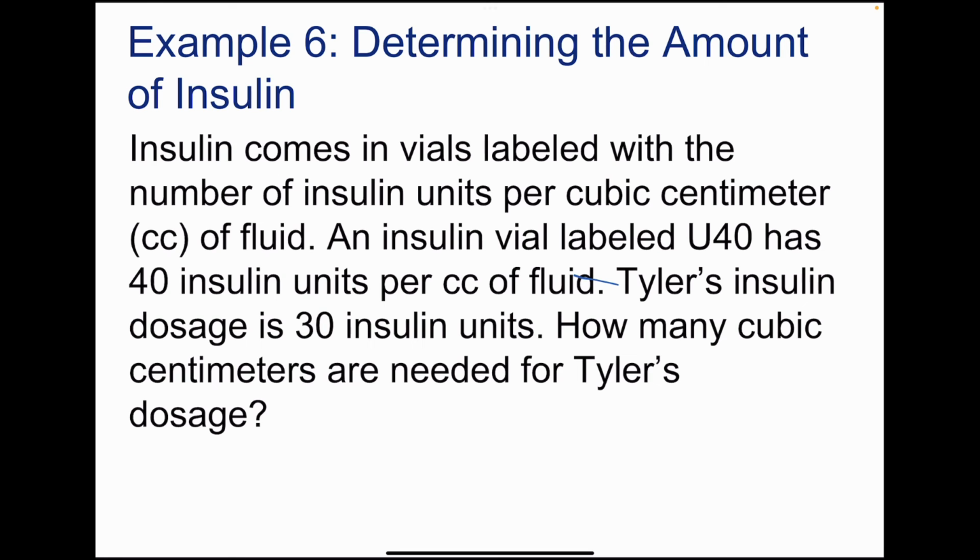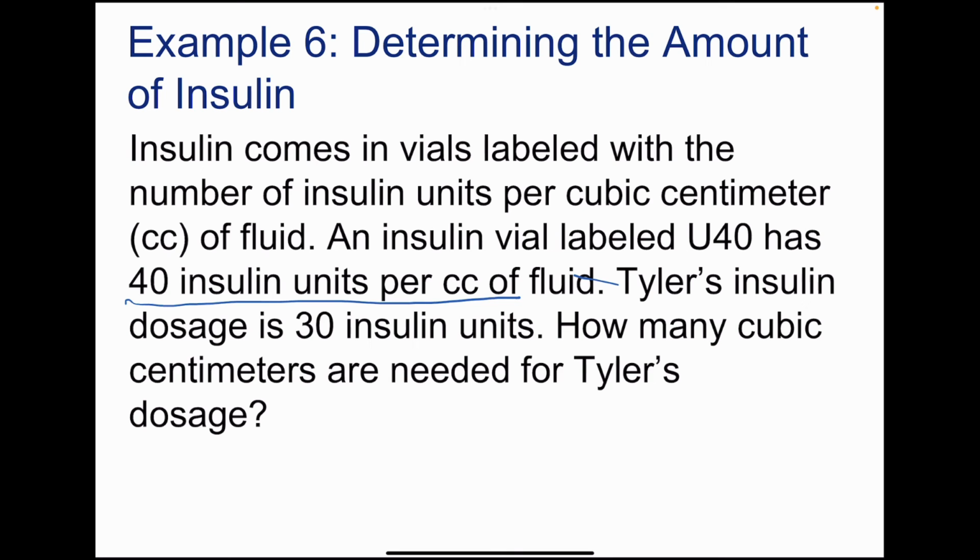Insulin comes in vials labeled with the number of insulin units per cubic centimeter, cc, of fluid. An insulin vial labeled U40 means it has 40 insulin units per cc of fluid. Tyler's insulin dosage is 30 insulin units.